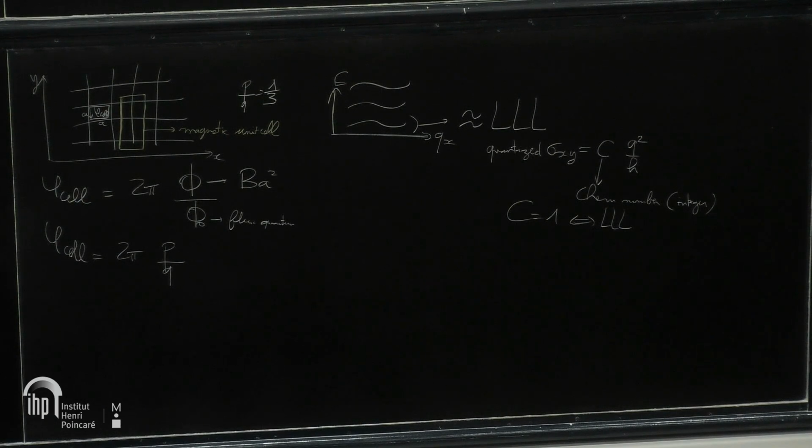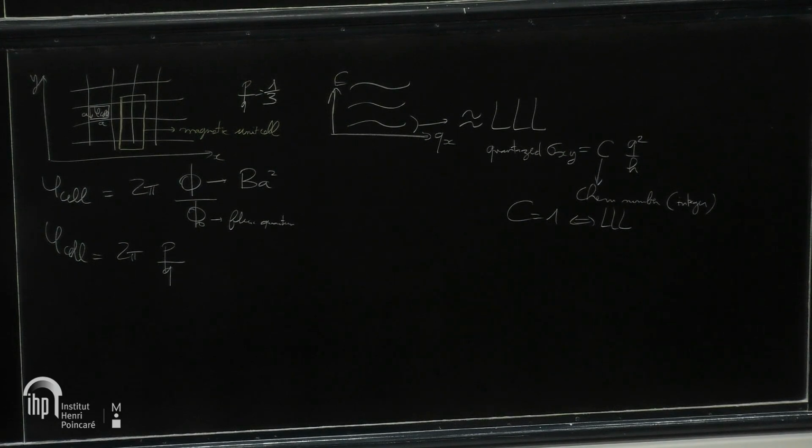May I ask a quick question? Yes. When you got the quantized conductance, probably basically the degeneracy factor gives you the plateaus as an integer number because you have integer quantization. So here I didn't put an integer, because I was considering the lowest Landau level only. But the series of integer quantum Hall conductances comes because I would need to include higher Landau levels to have an integer here.